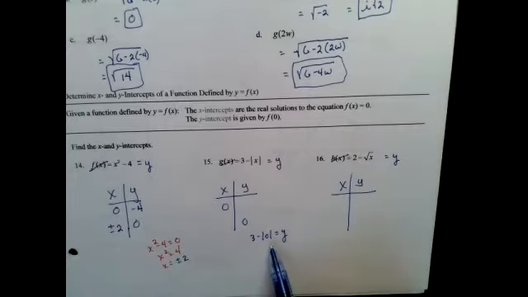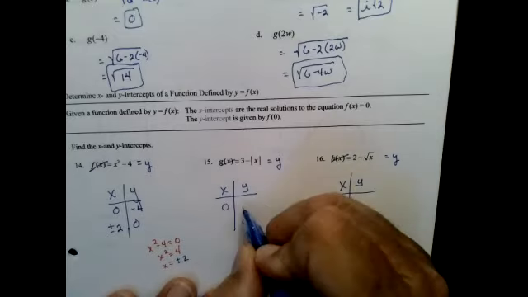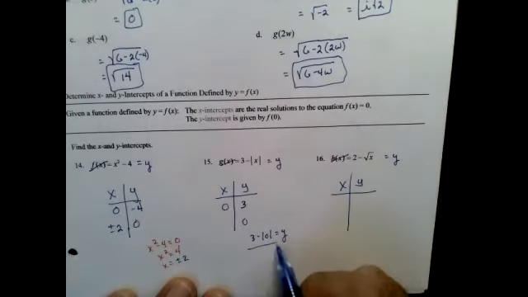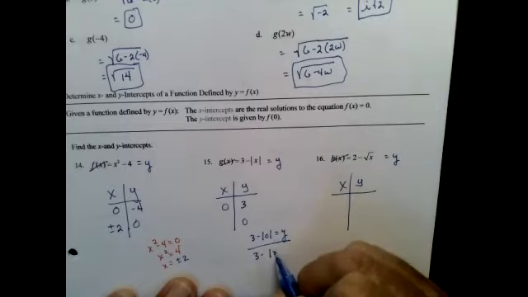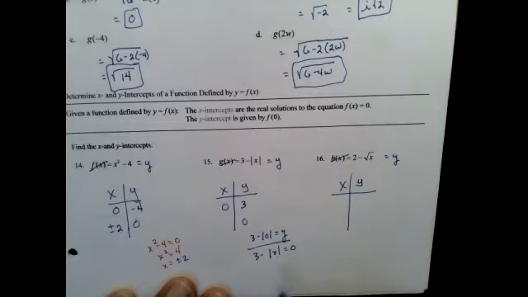Absolute value of 0 is 0. 3 minus 0, so y equals 3. Okay, that's the first one. Second one is I put in 0 for y. I'm going to add that to both sides. What number's distance from 0 is 3?